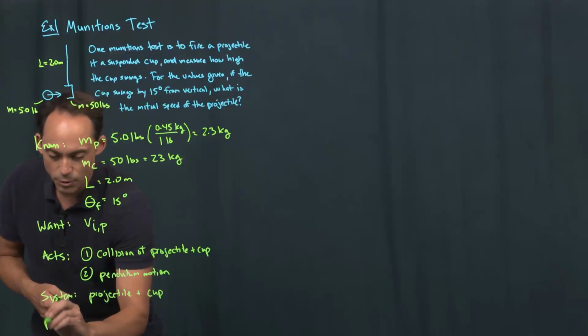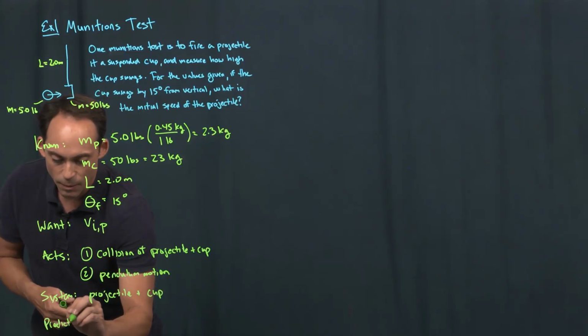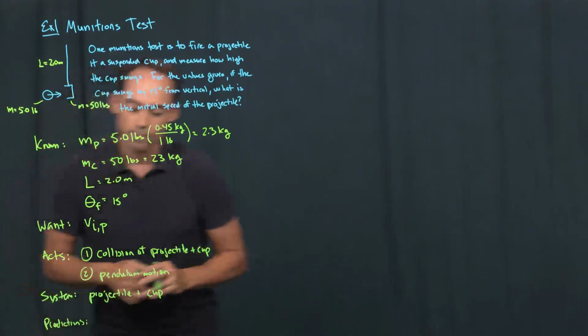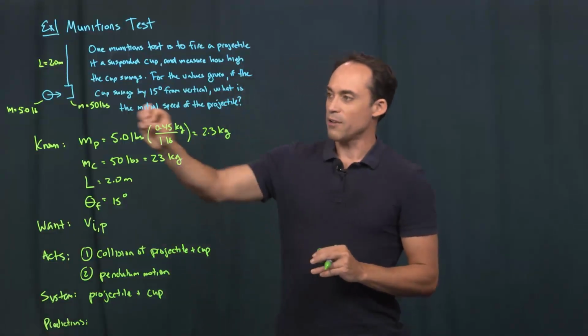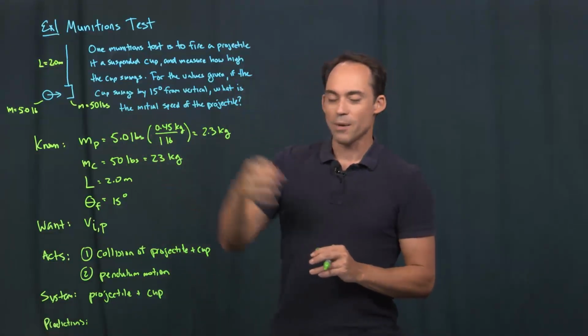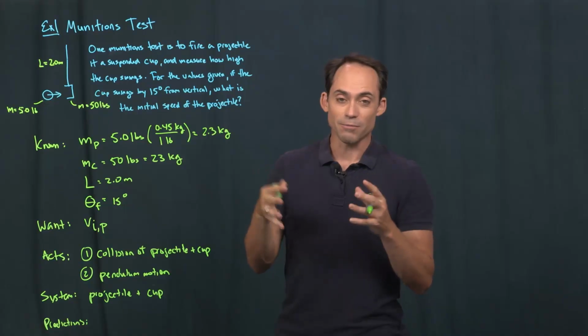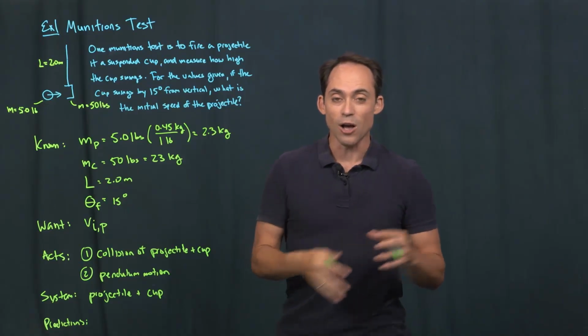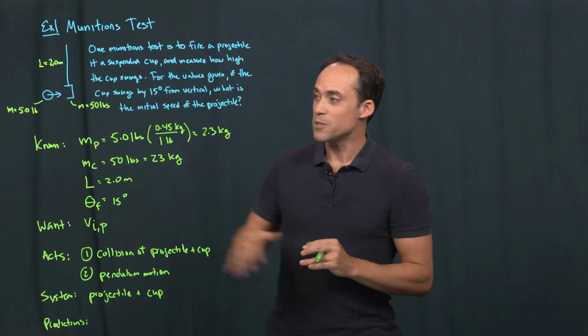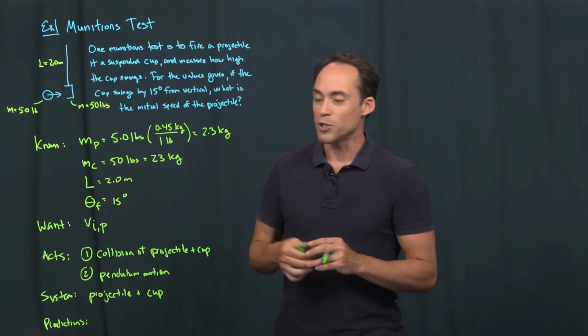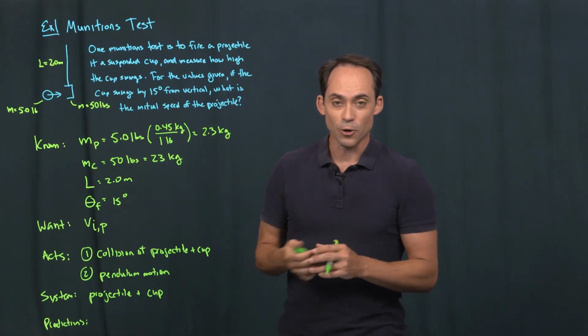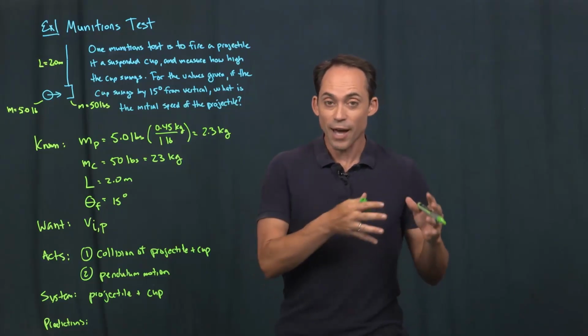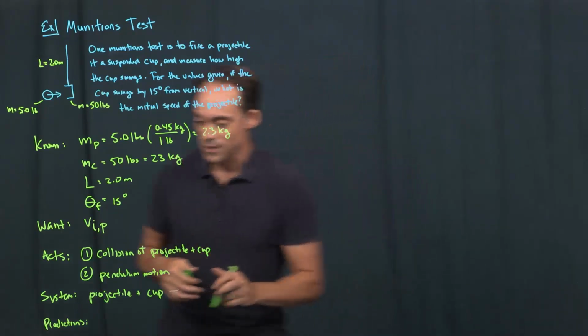And we can make some predictions about this motion. When we think about this, if we've got a 5-pound weight that's coming in to a 50-pound weight, that's a big jump up in mass. It still causes the pendulum to swing up. So I would suspect that the projectile is actually moving pretty fast in order to have that much of an effect on the swing of this very massive thing.